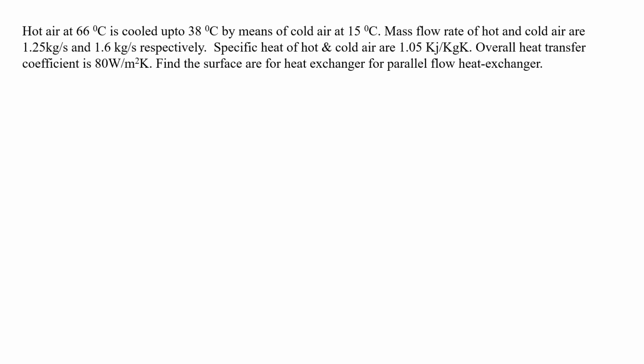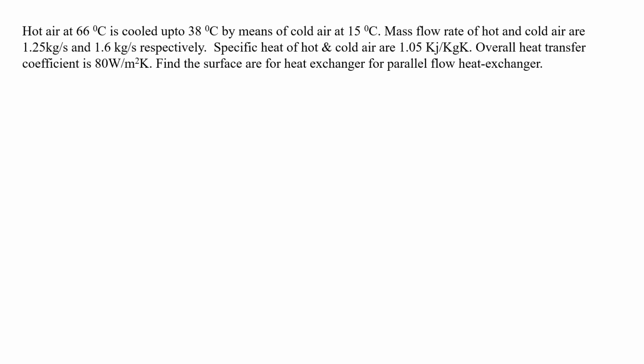Now we will go to the first problem. The question is: hot air at 66 degrees Celsius is cooled to 38 degrees Celsius by means of cold air at 15 degrees Celsius. Mass flow rates of hot and cold air are 1.25 kg per second and 1.6 kg per second respectively.